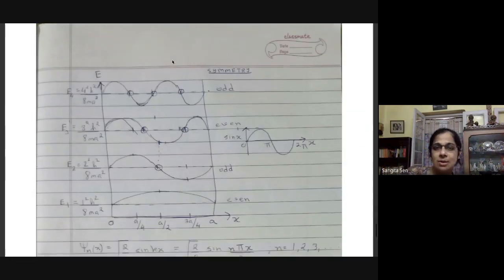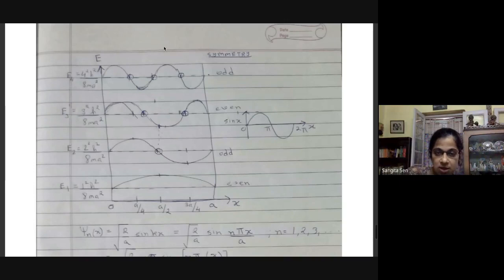There is also the question of symmetry. So these wave functions can all be classified as either odd or even with respect to reflection about the middle point, A by 2. And you see that the ground state here is symmetric.